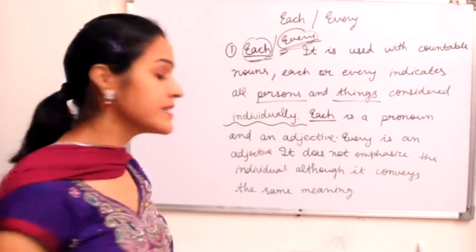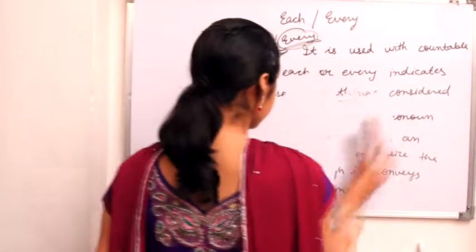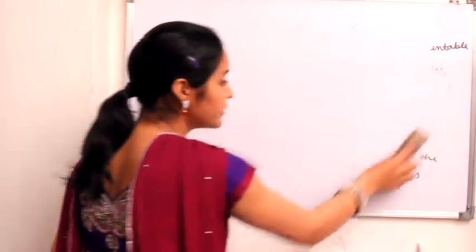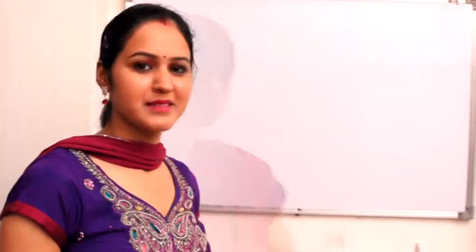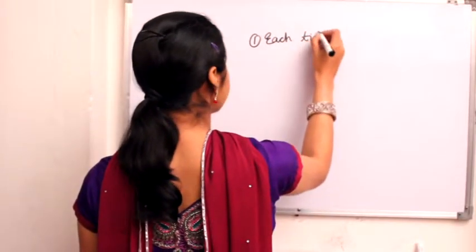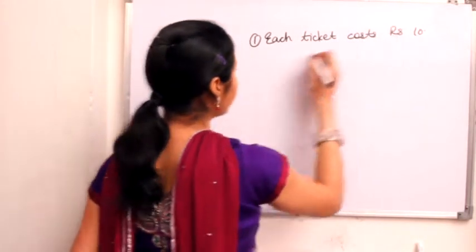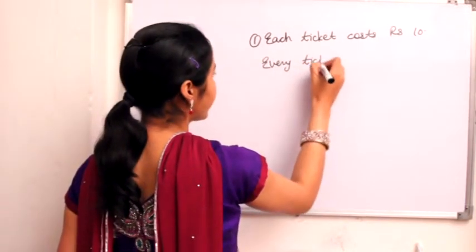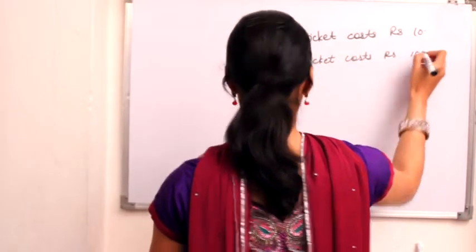So by utilizing some sentences, I hope it's clear to you. Now I explain each and every by utilizing some sentences. So if I write here, each ticket costs rupees 10, and if you write here, every ticket costs rupees 10.